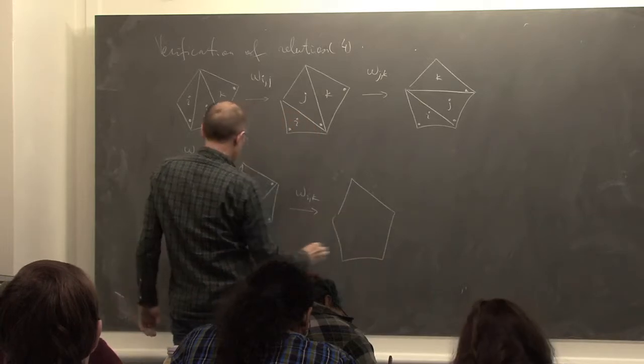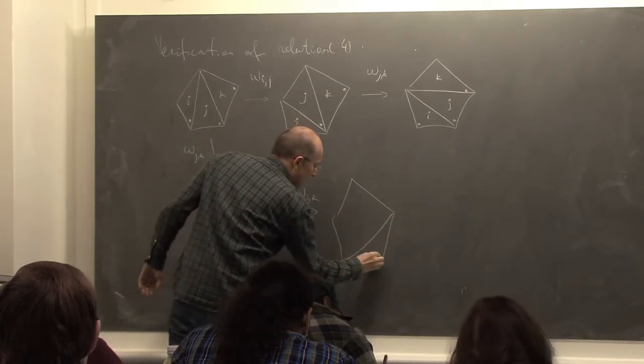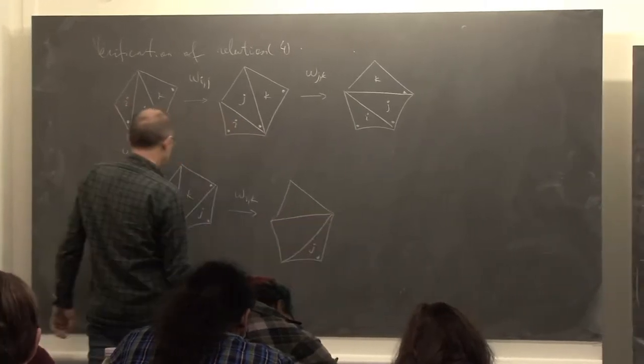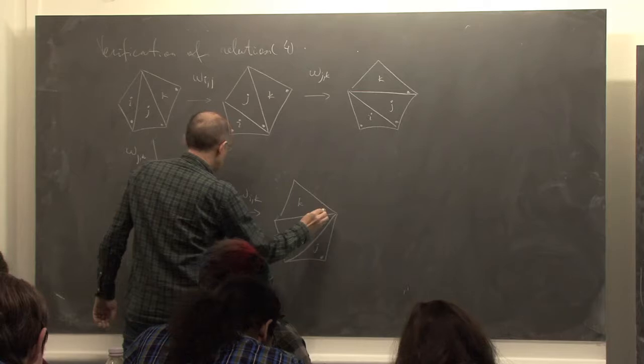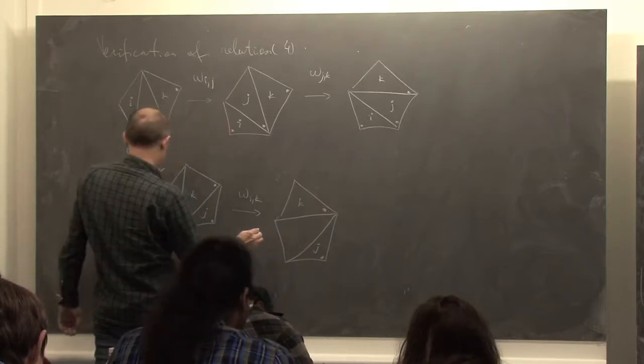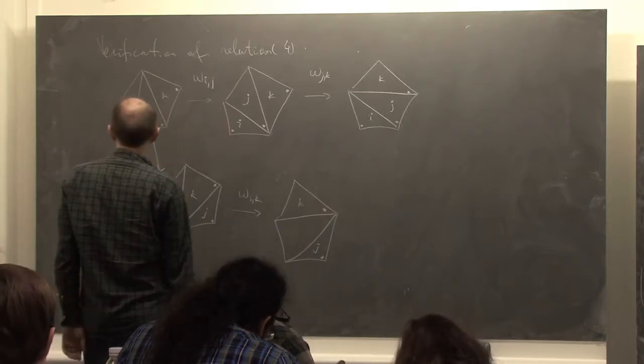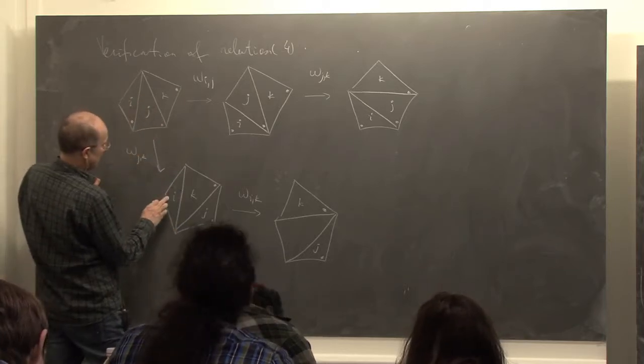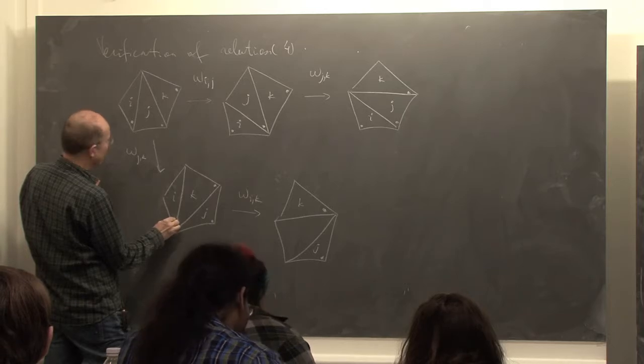We draw the pentagon. We keep the J's triangle intact. Rotate the diagonal. The result is this. Sorry. Something is wrong here. Yeah, because I changed the I triangle.